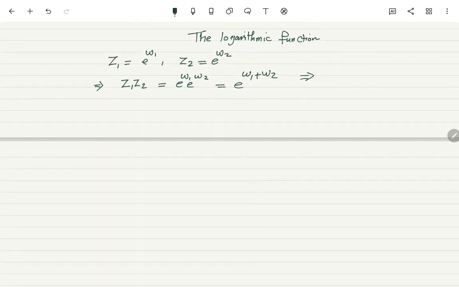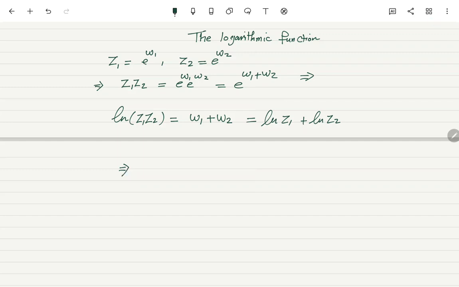If we take ln for both sides of this one here, so ln z1 z2 will be equal to omega 1 plus omega 2, which actually equal to, now omega 1 from this one here, it's ln z1, and omega 2 from this one here, it's ln z2.